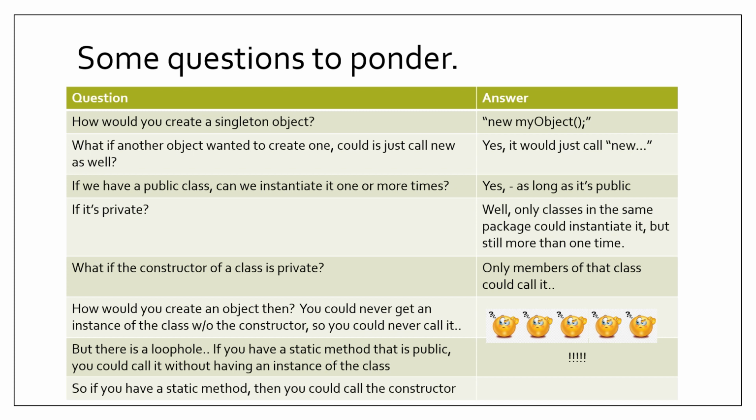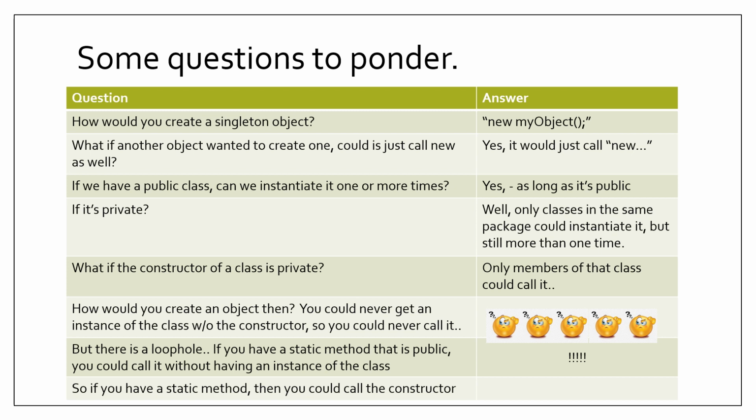So if you had a private constructor, no one would be able to get to it. Well, except that the members of the class would be able to get to it, but if it was private, you wouldn't be able to create any members of the class, in other words, any objects.